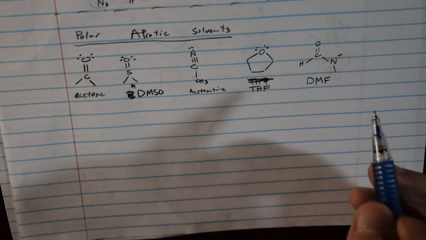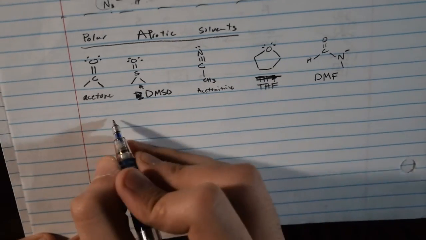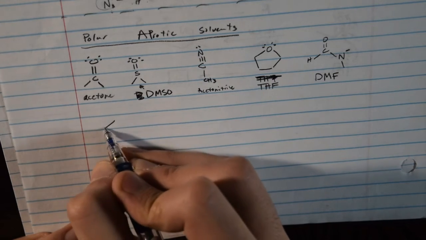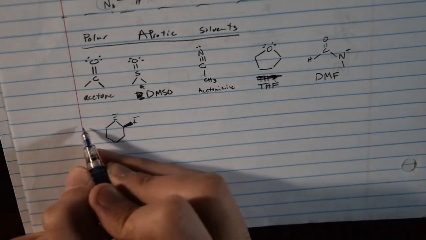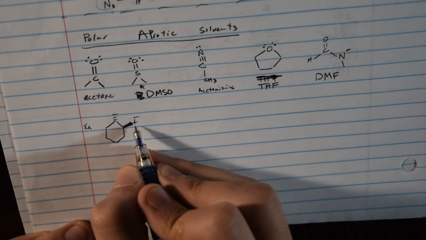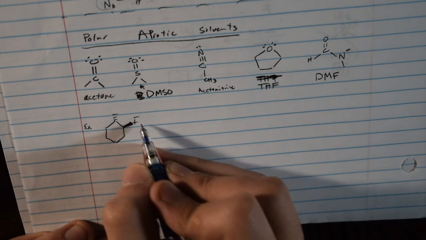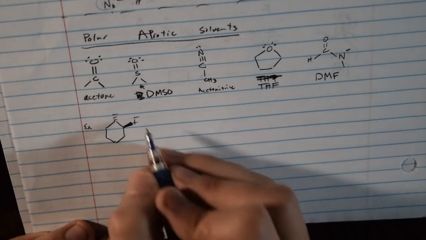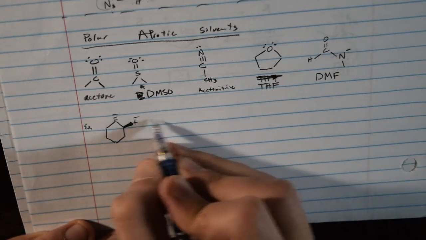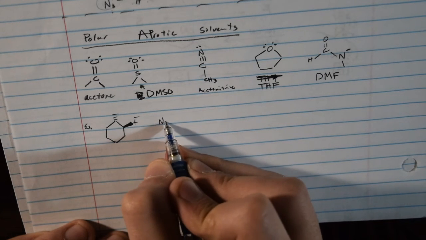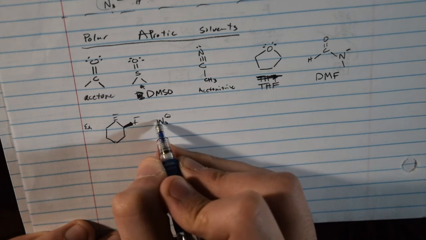Why do we need a polar aprotic solvent? The reason is, let's say we have this example. So we have this molecule, example 1, and we want to do a backside substitution attack, or an Sn2, on it to switch it out with, let's say, azide, this nucleophile.